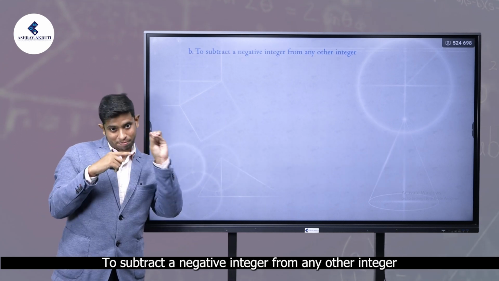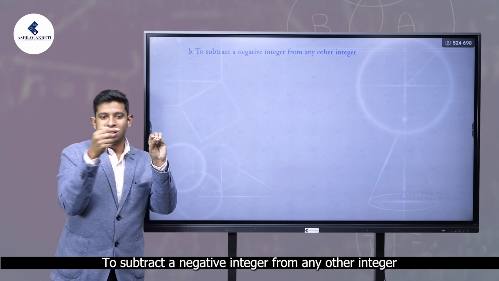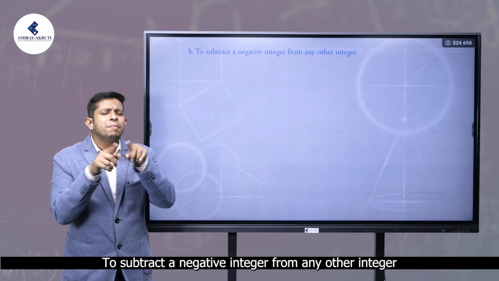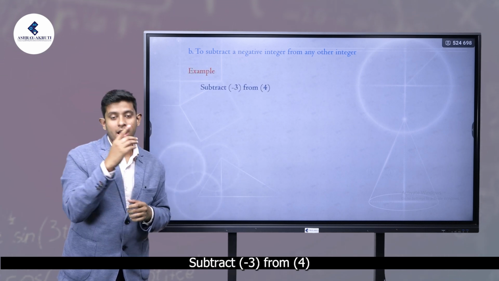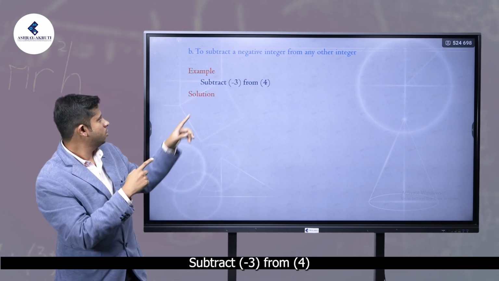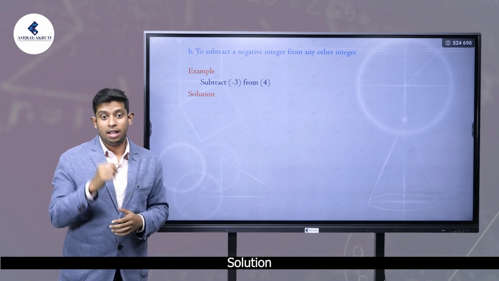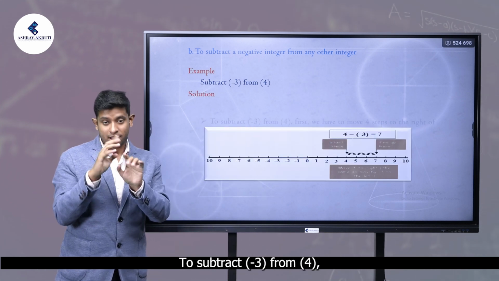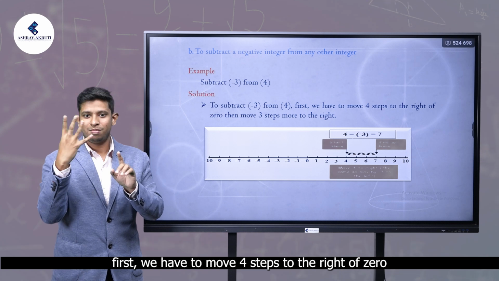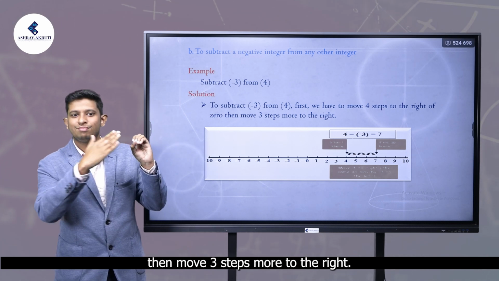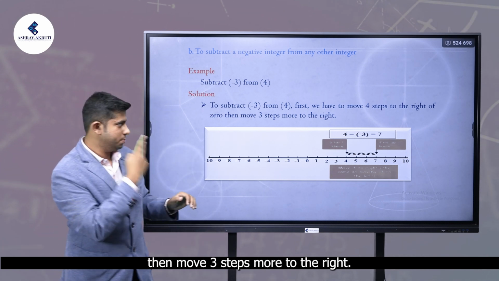To subtract a negative integer from any other integer. Subtract minus 3 from 4. Solution. To subtract minus 3 from 4, first we have to move 4 steps to the right of 0, then move 3 steps more to the right.